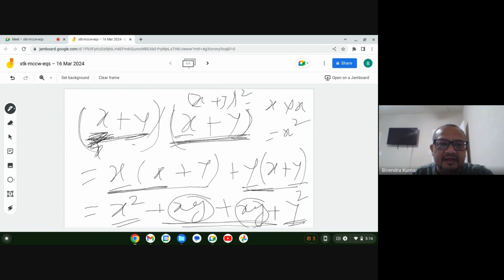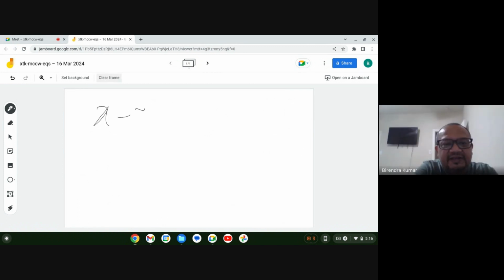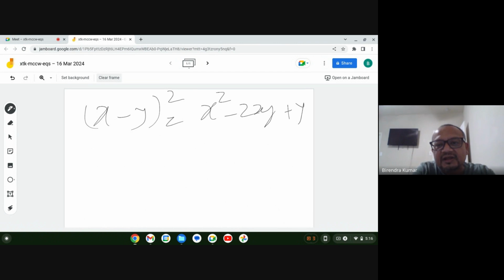Similarly, x minus y whole square equals x squared minus 2xy plus y squared. This is something you will end up memorizing, or I have memorized it after studying this 35 years ago because I did enough maths with this.